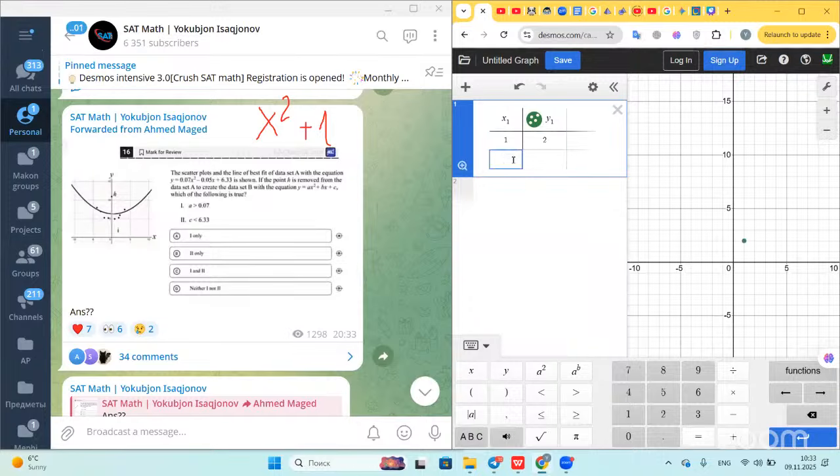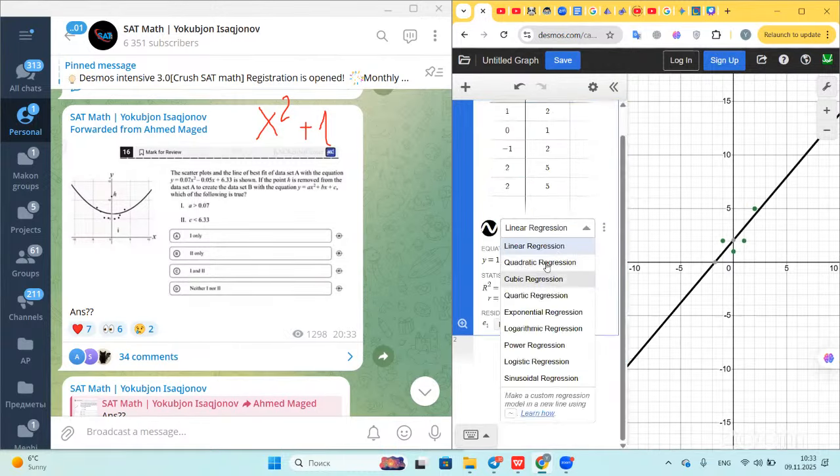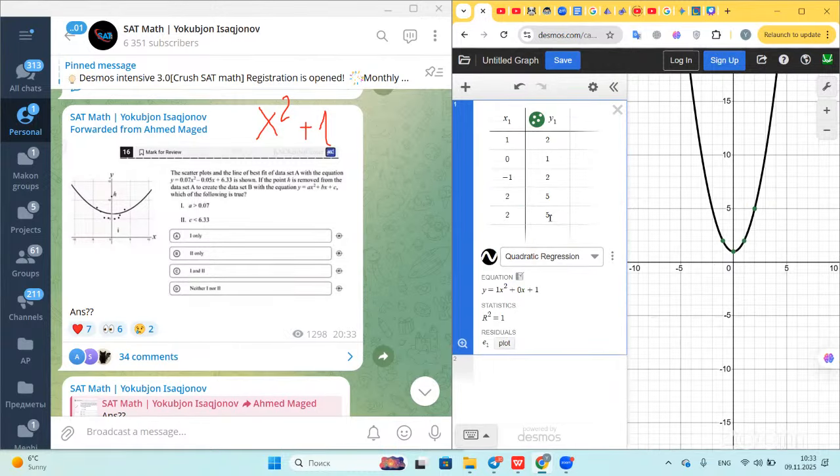When x equals 0, it's 1. When x equals minus 1, it's 2. When x equals 2, it's 2 squared, 4, plus 1, 5. When x equals minus 2, it is still 5. Yeah, we can make a regression, which is quadratic regression.